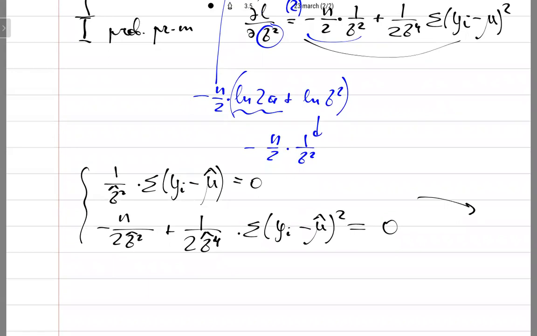Basically, it's easy. The main difficulty is that we have a lot of parameters. From a statistics point of view, mu and sigma are parameters. And from an optimization point of view, mu and sigma are variables, and y1, y2, yn are parameters. We will express mu hat and sigma squared hat in terms of y1, y2, and so on.